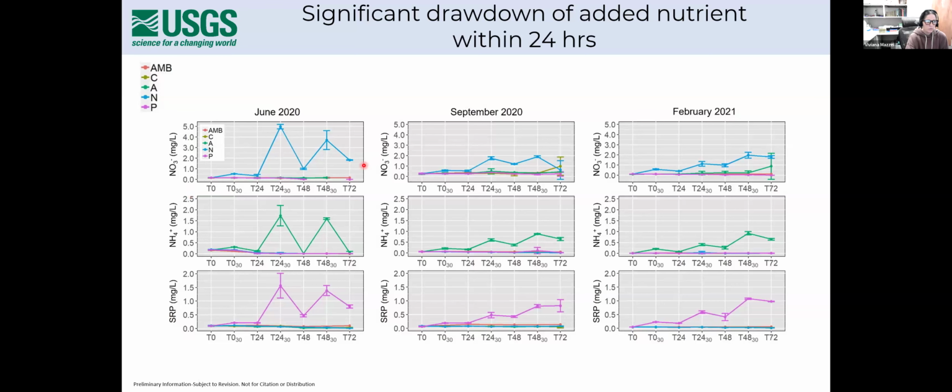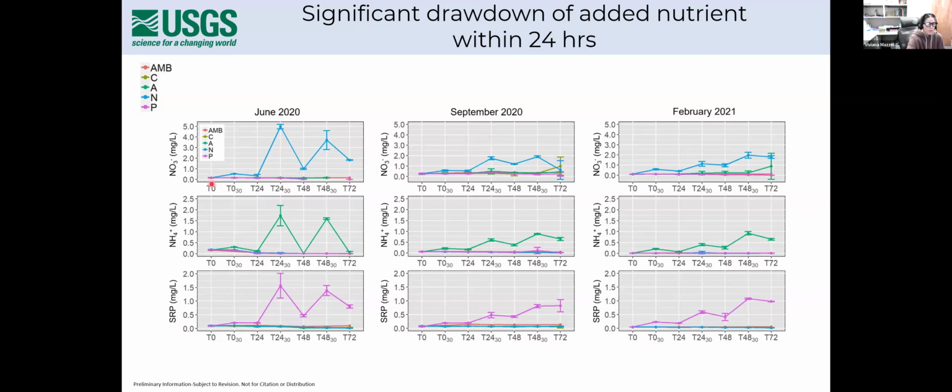And at T72, we just collected a sample on the last day, but obviously there was no dosing then. We analyzed the samples for phytoplankton composition, cyanotoxin, and cyanotoxin biosynthesis gene concentrations.